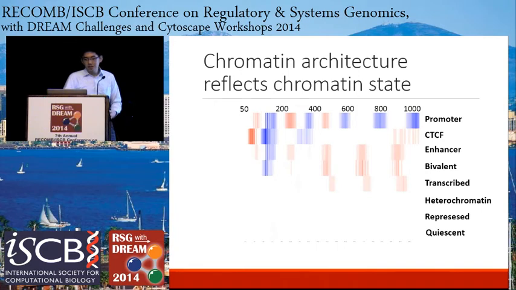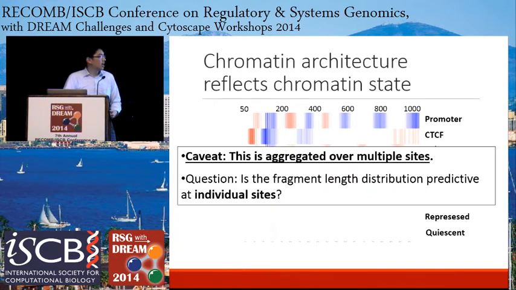Again, though, this is an aggregate plot, aggregated over multiple sites of the regulatory element of the particular state. We know that there are various problems with these aggregate plots: due to heterogeneity, they may not be representative of the distribution at individual sites. So the question here is, is the fragment length distribution actually predictive at individual sites?